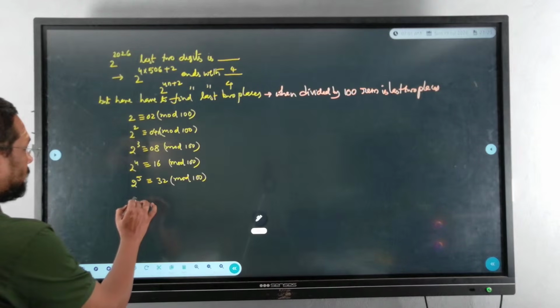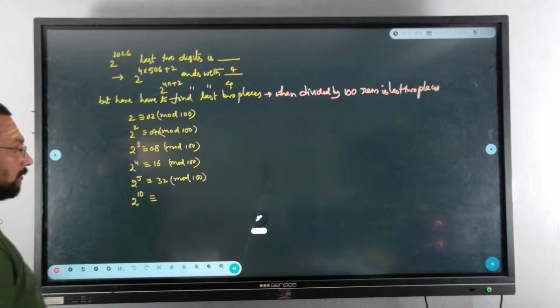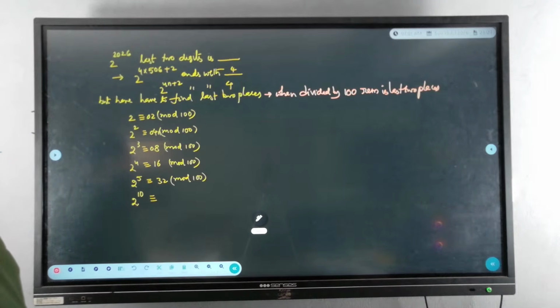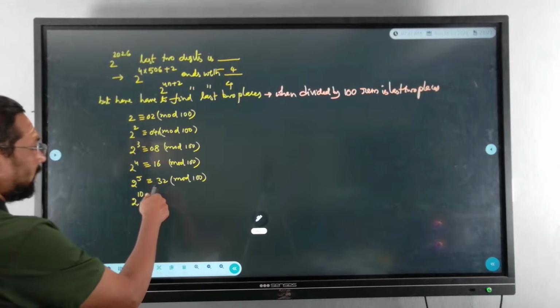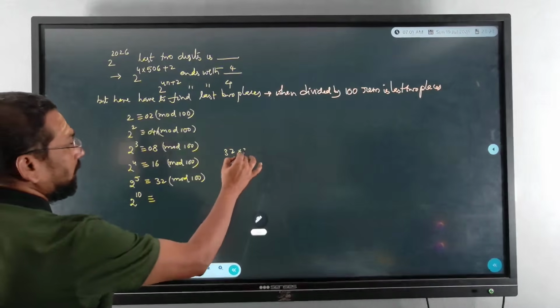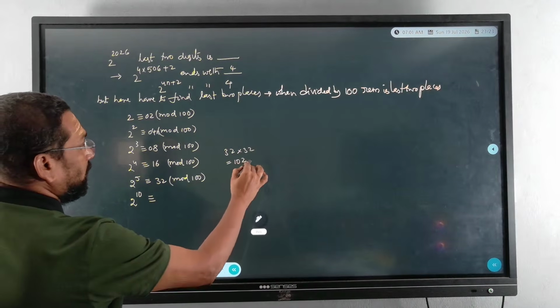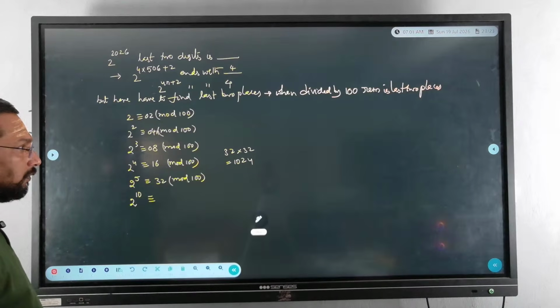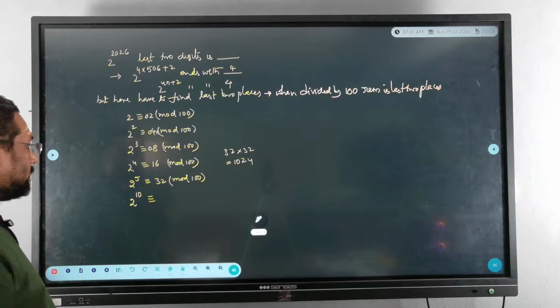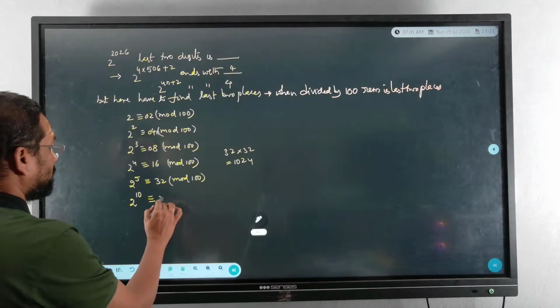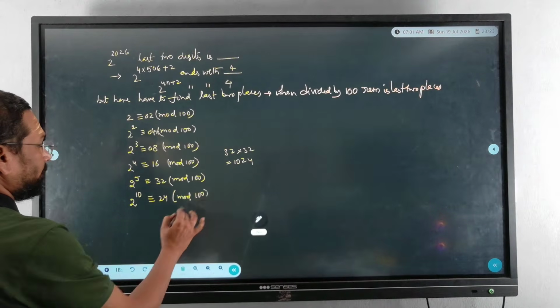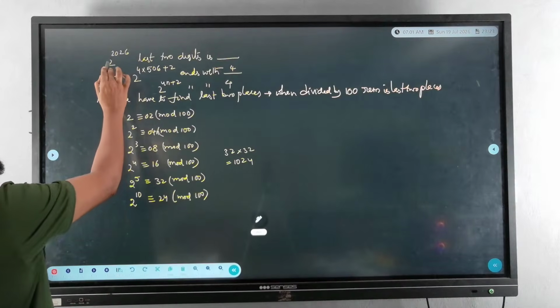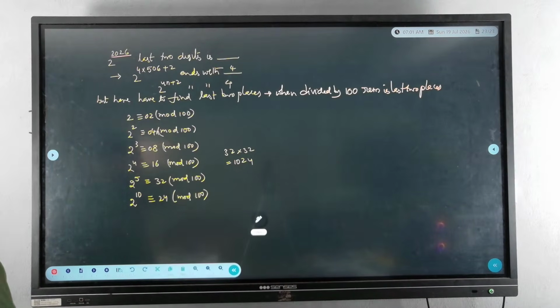Suppose 2 power 10 congruent to, what will we get here? Look, it is 32 into 32, 1024, that is 32 square. So it ends with 24 mod 100. So raising powers like this, we have to go near to 2026, right?